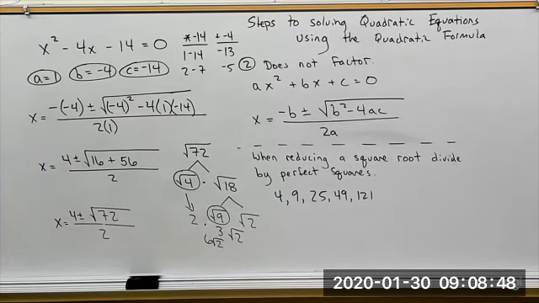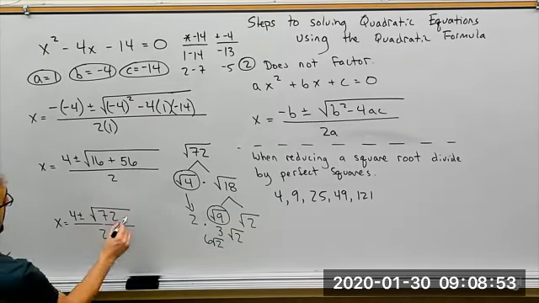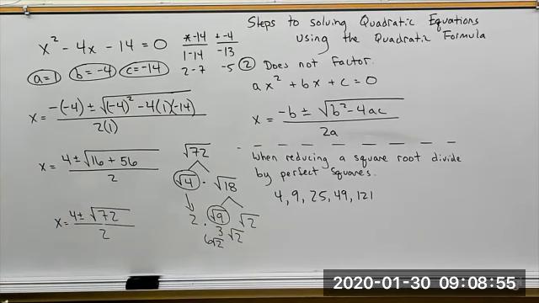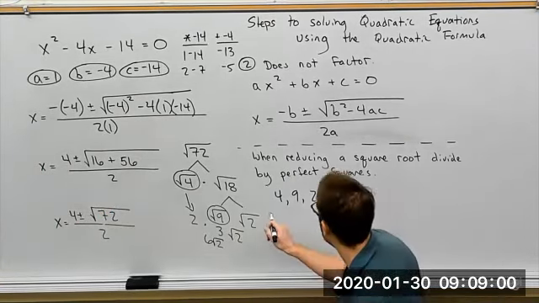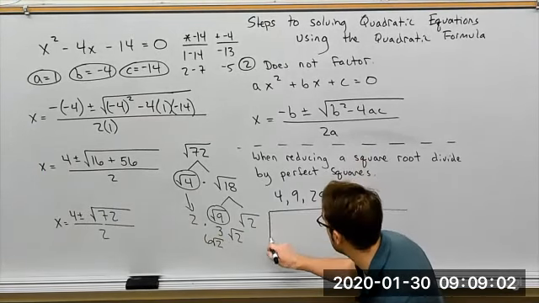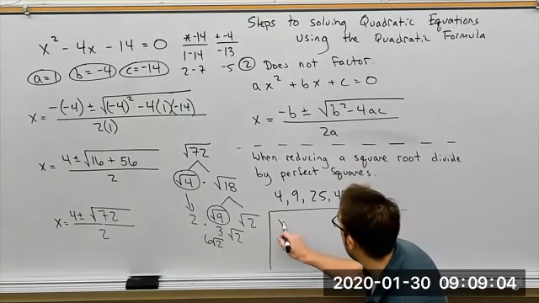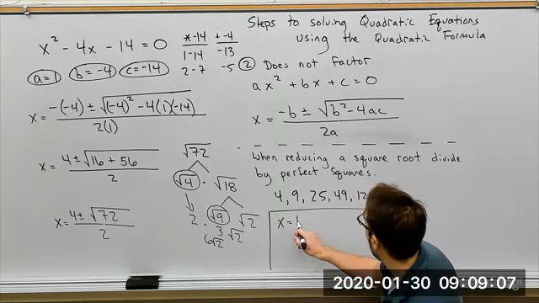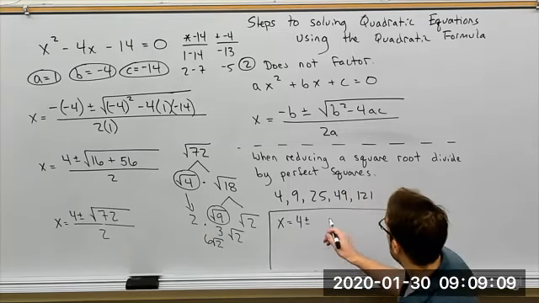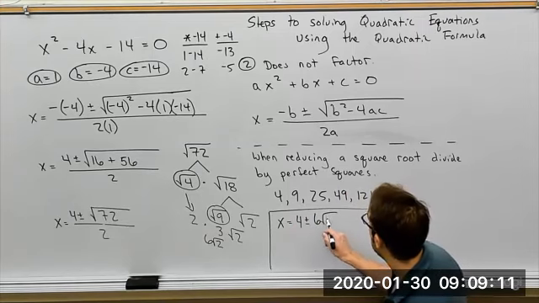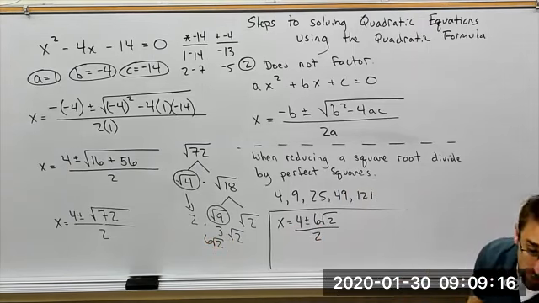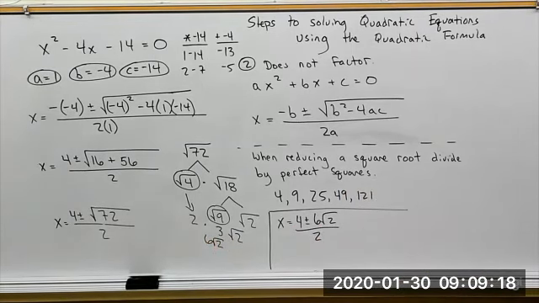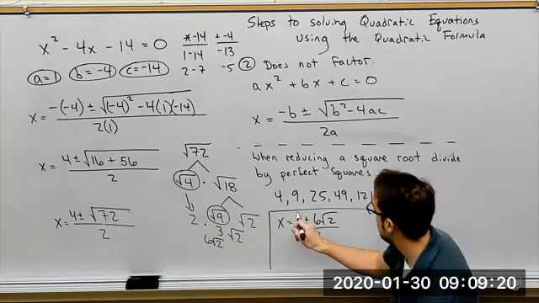All right? So now what we're going to do is replace the square root of 72. We're going to need to free up a little bit of space somewhere. We're going to continue the problem right here. It's not ideal, but that's what we're doing. So this is going to be x equals 4 plus or minus 6 square root 2, divided by 2. And now the very last step is to distribute the division.